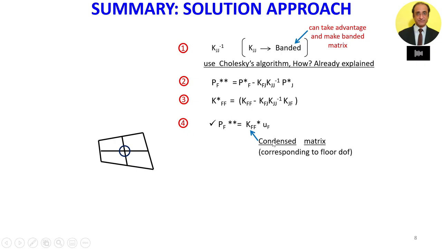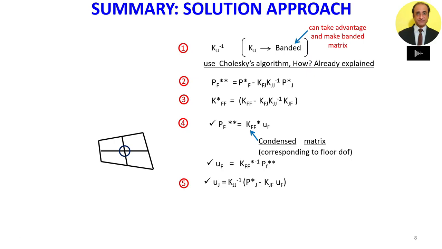We solve this equation by the approach of Cholesky to obtain the floor displacements. Once we have the floor displacements, we make use of the relationship derived in the process of condensation to obtain the displacements corresponding to the joint degrees of freedom.